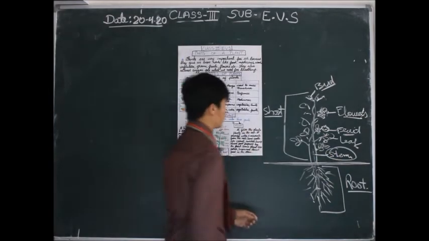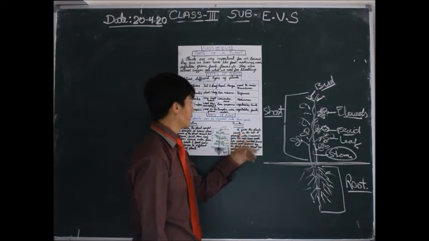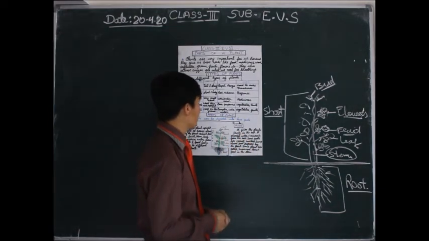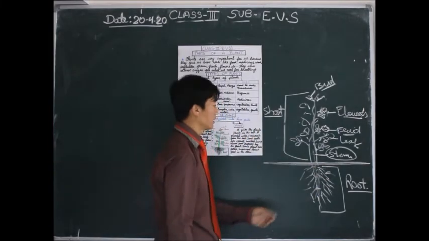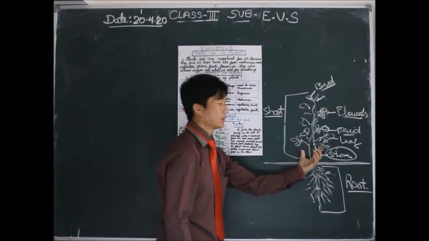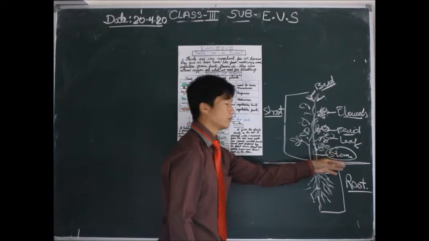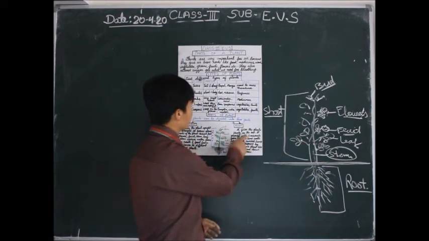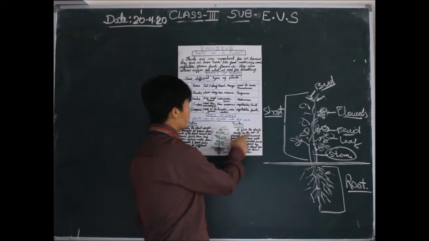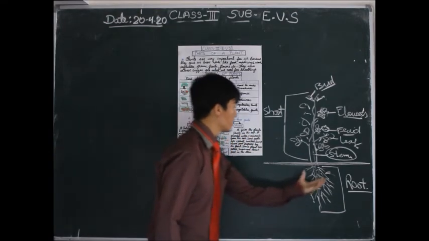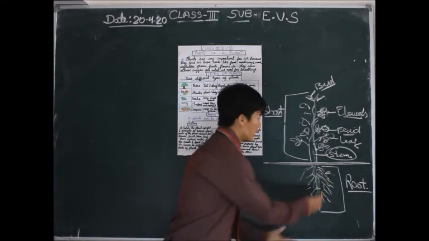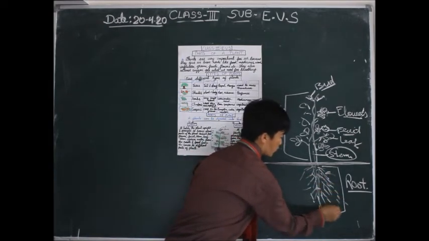Now roots. What is the function of roots? It fixes the plant firmly in the soil. Because of these roots, the plant is fixed and cannot move. It absorbs water and minerals from the soil.